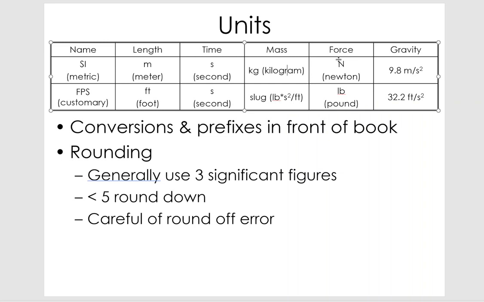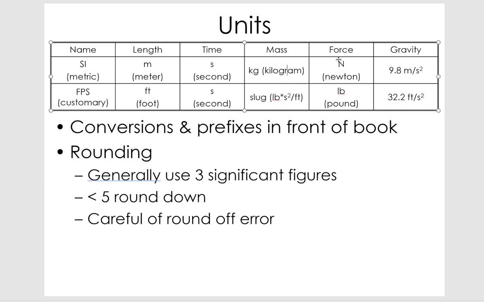In imperial units, we talk mostly about pounds. Pounds is a force. A slug is a mass. 1 slug weighs about 32 pounds on planet Earth. The acceleration due to gravity in imperial units is 32.2 feet per second squared.